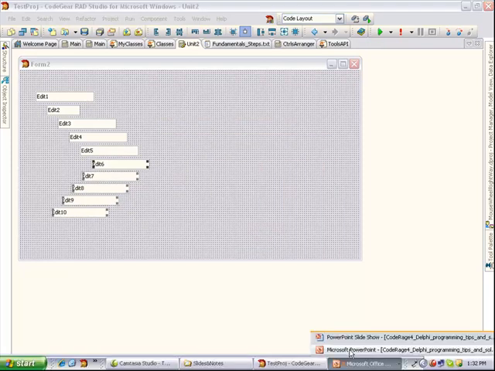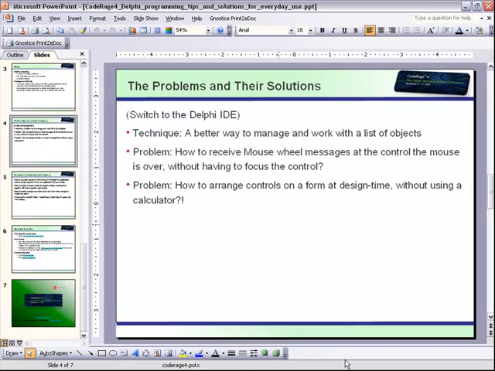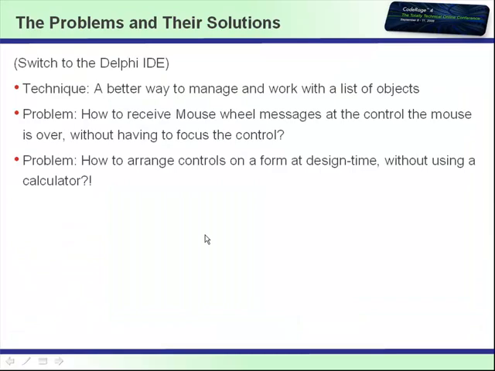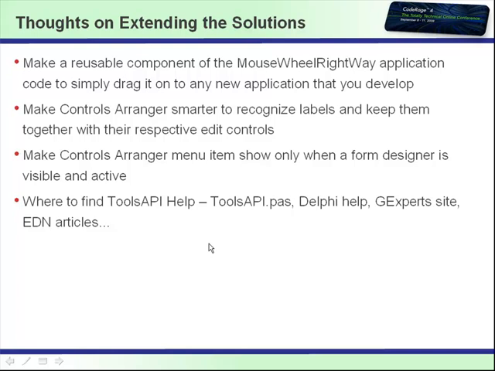We are done with our demos for this session. Let's go back and see what else we have. Just a few more inputs. We could convert the example of the mouse wheel code into a component so that we can just drop it on the main form of our new application.